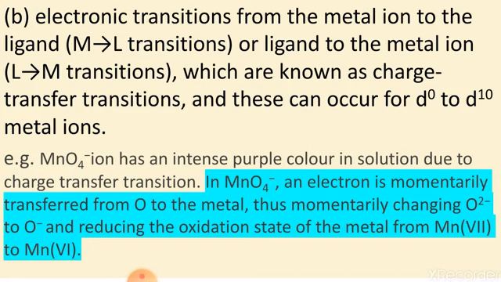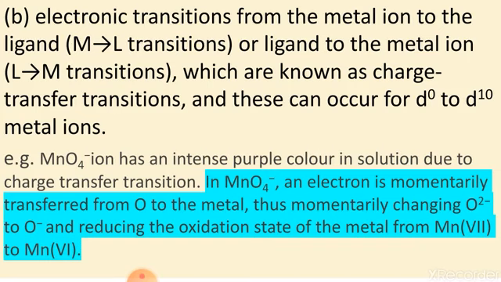First of all, look at the charge on Mn. Mn contains +7 charge, so it has no electrons in d orbitals, and hence this should be colorless. But here it has an intense purple color. This is due to charge transfer spectra. Now think about this.